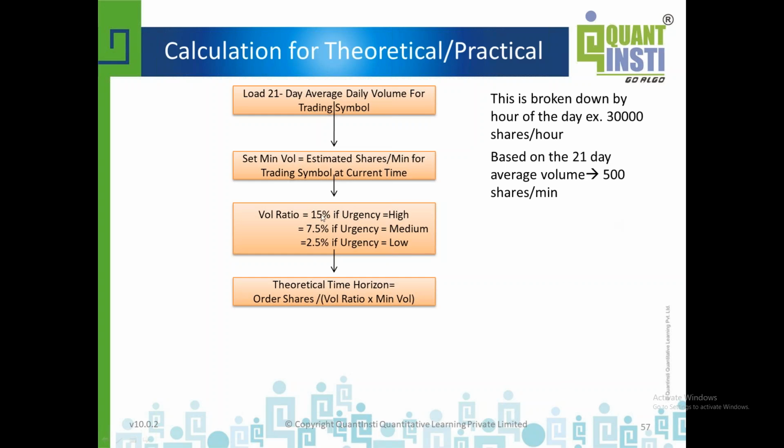Somebody might say 30%. So this means that whatever the volume is, 500 shares per minute, you will actually execute 30% of the 500, right? That's the intuition.